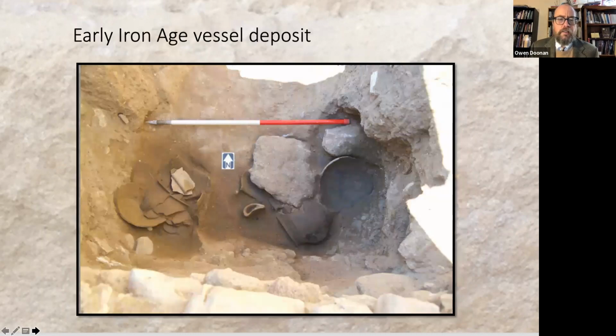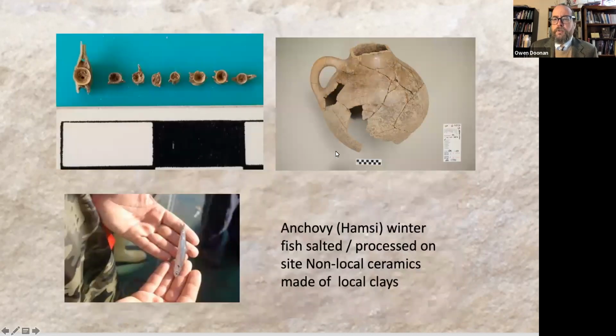It's a destroyed context. And one vessel that was relatively intact was actually found with vertebrae of anchovies, hamsi as they're called in Turkey. Now hamsi are one of the most beloved components of Black Sea culture.